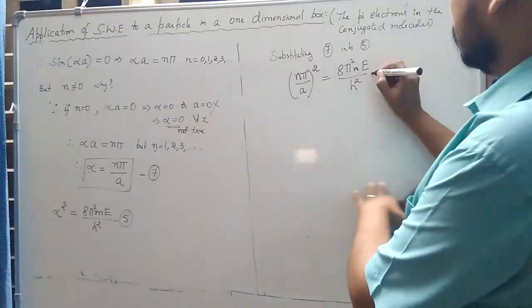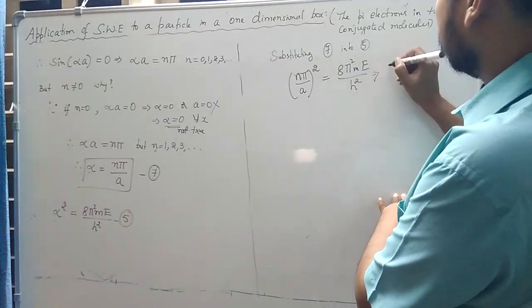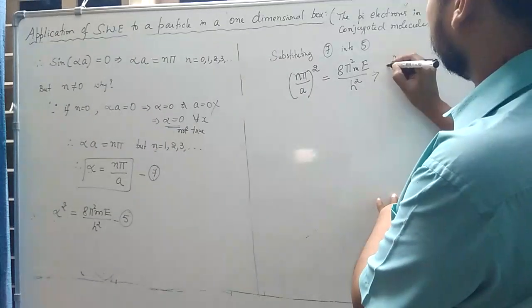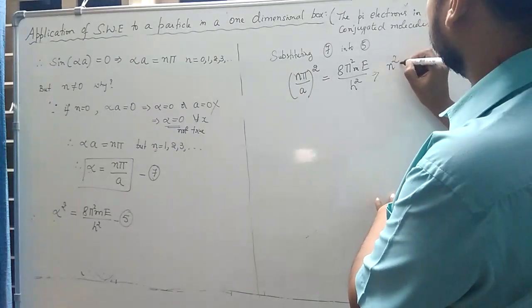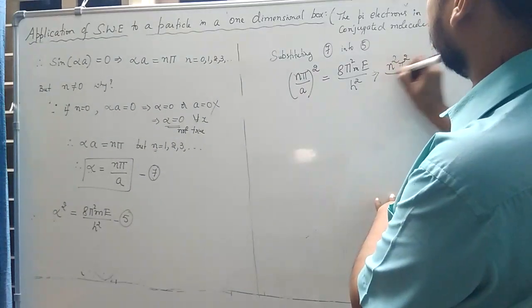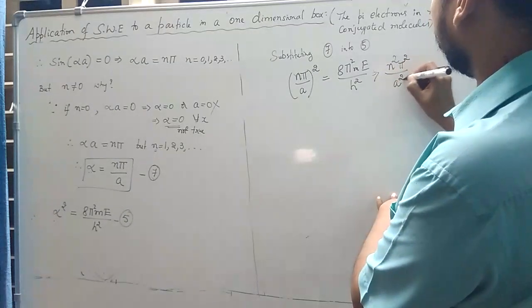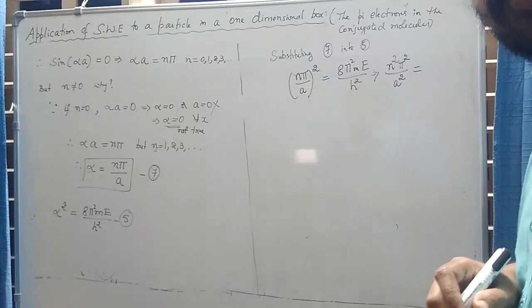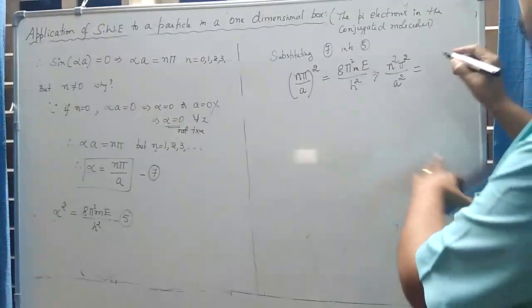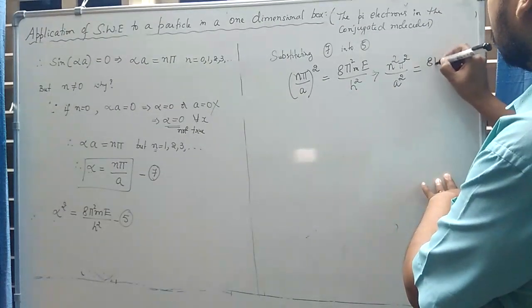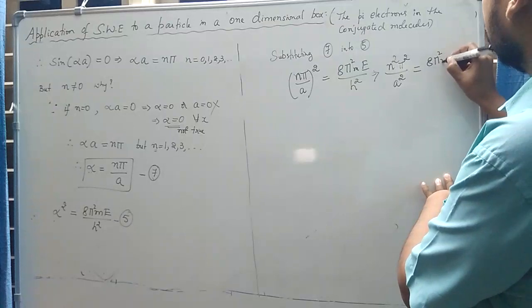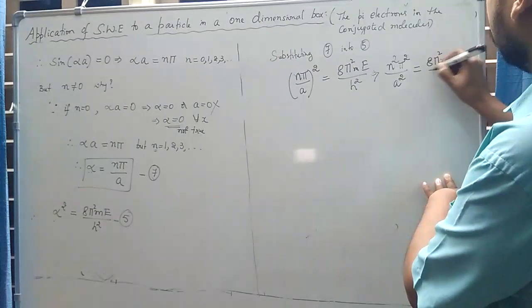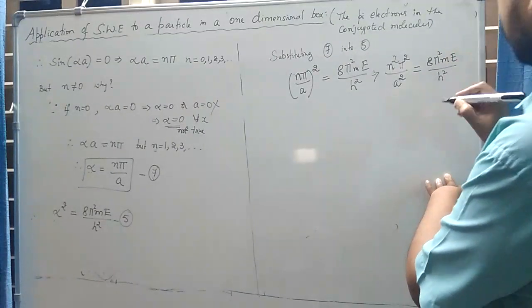That is, this is n square pi square divided by a square is equal to 8 pi square m into e divided by h square.